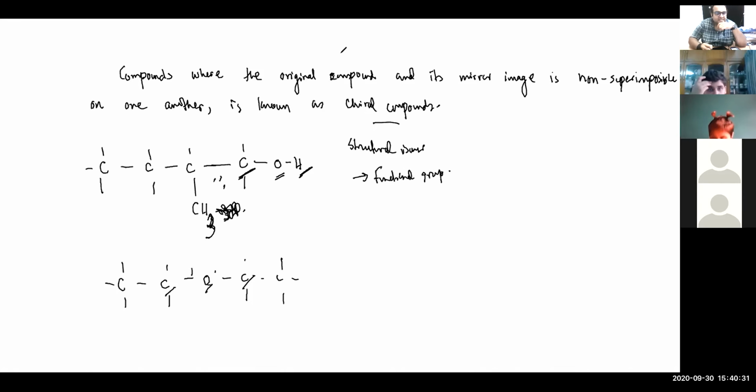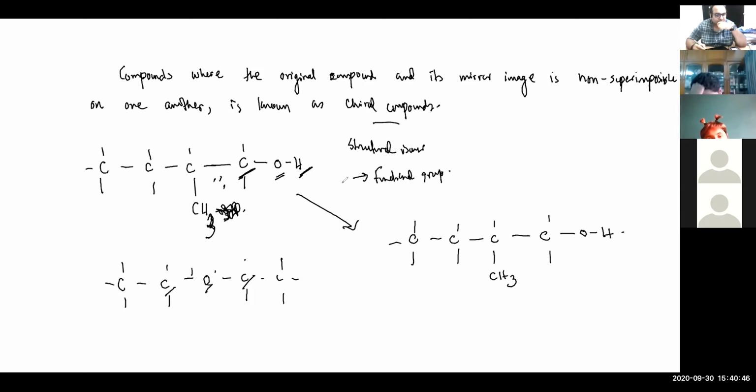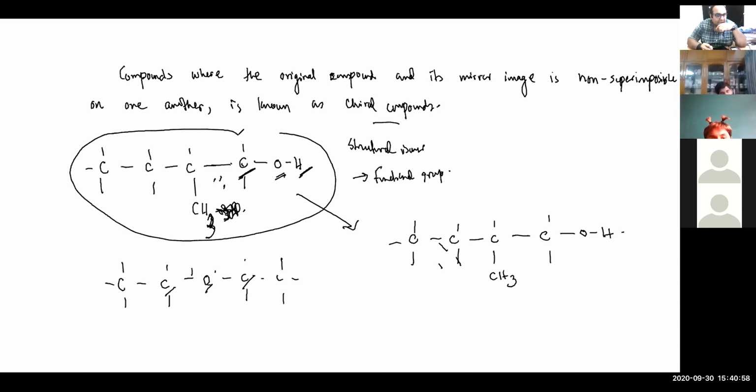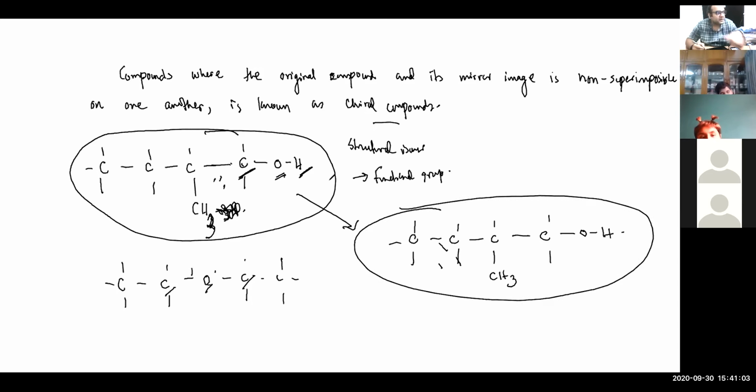So basically, what is happening? If you have CH3, CH2, C, CH3, CH2OH, it looks the same, right? So these will be stereoisomers. But when will they be stereoisomers? When the mirror images will not be superimposable.